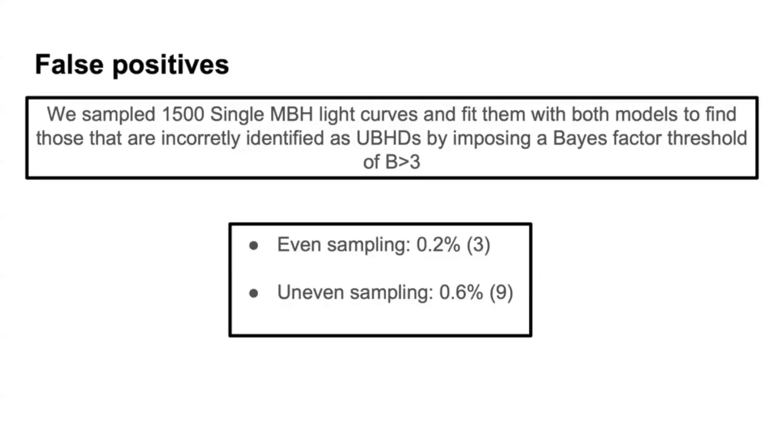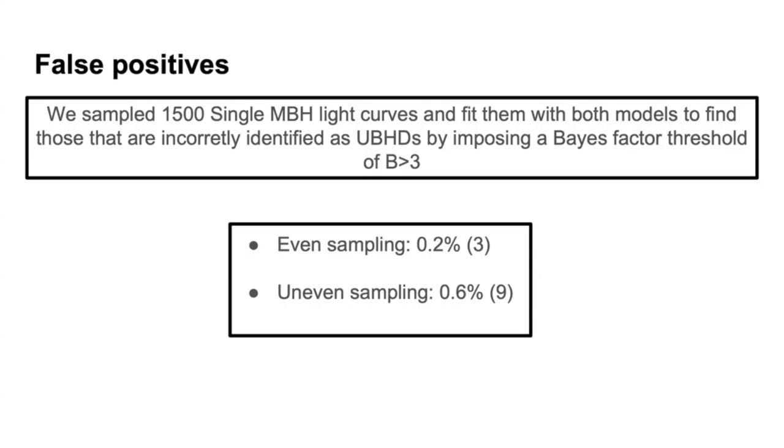That is basically the threshold at which the evidence in favor of the numerator becomes significant. So doing so, in the even sampling scenario, we find that only 0.2% of light curves are incorrectly identified as false positives, and this fraction goes up to 0.6% in the uneven sampling scenario.